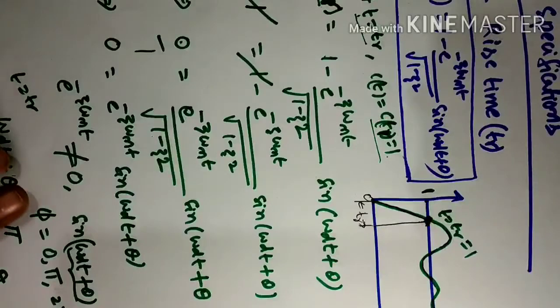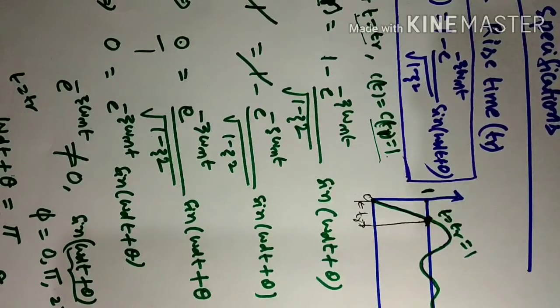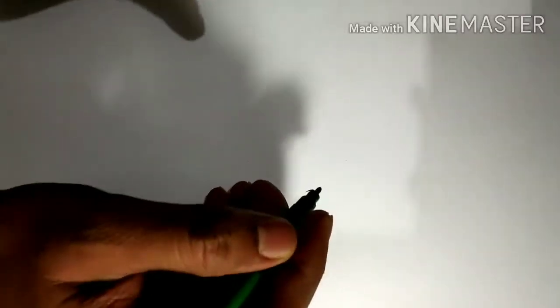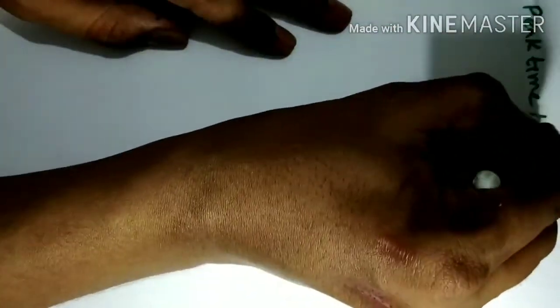Next we are going to derive the expression for peak time. Peak time we generally represent as tp. Just see the graph here.